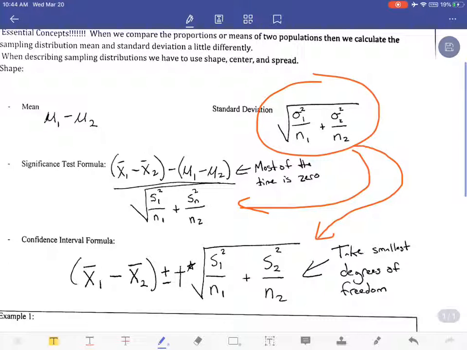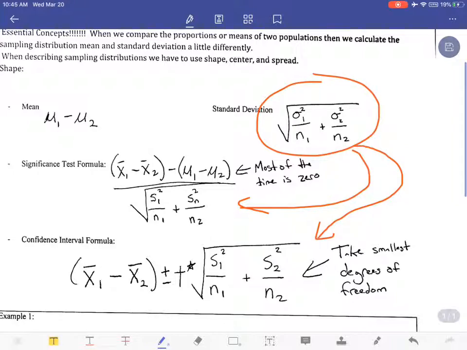So again, if you try to think about these general templates for a significance test and a confidence interval, and then we're just putting in the new standard deviations, the new means, new different proportions for all these different tests, it becomes a lot easier to memorize and be able to do these problems.